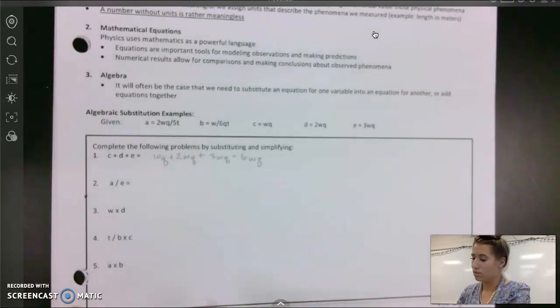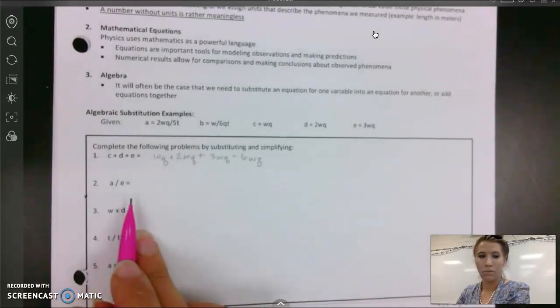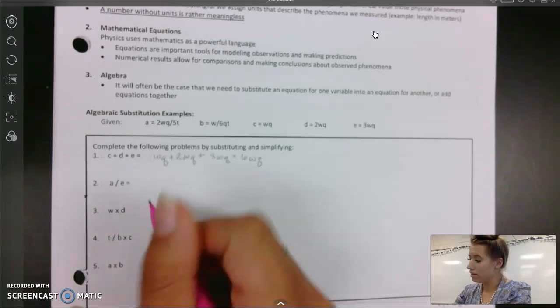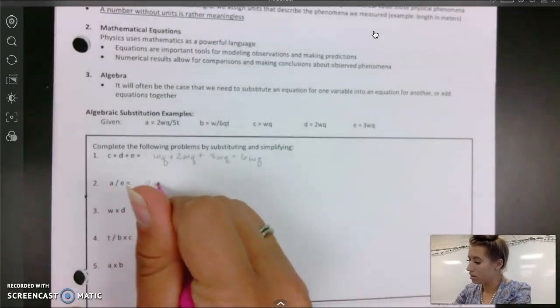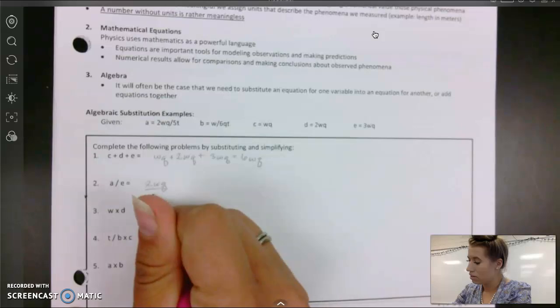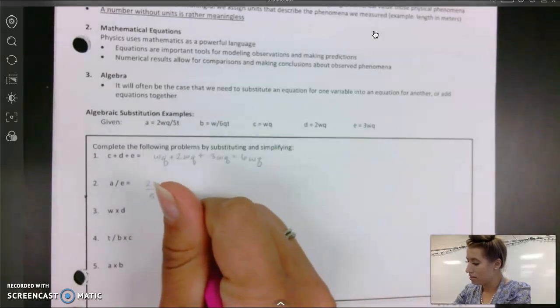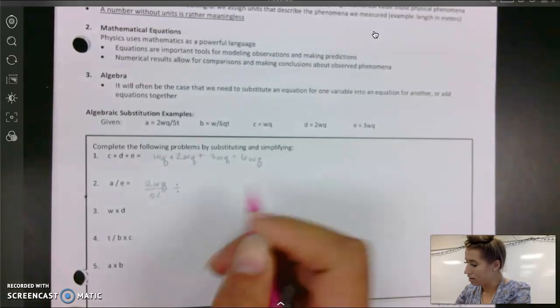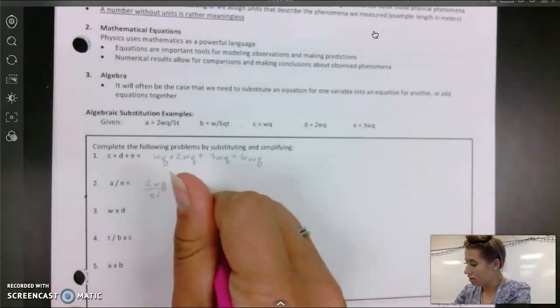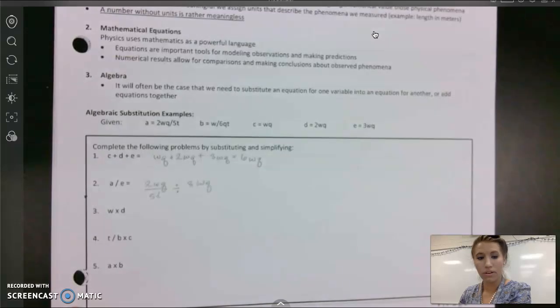Okay, the next one we have A divided by E. So our A value, 2WQ over 5T, and we're going to divide this by E, and E is our 3WQ. Now anything over 1 is still itself, like 5 over 1 is still 5, and so we're going to apply that same concept here.